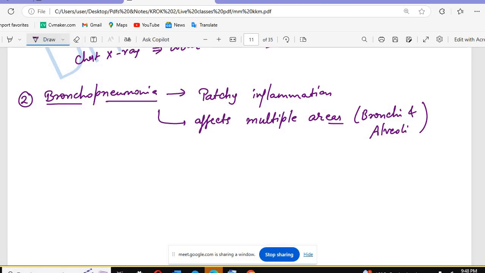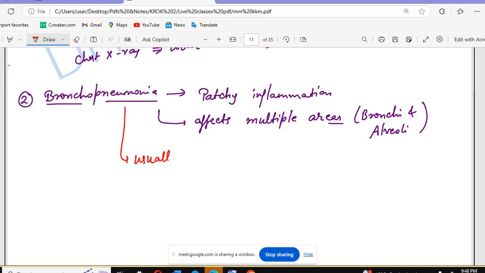This bronchopneumonia, remember, is usually multifocal and scattered. As the name suggests, in bronchopneumonia we have the effect on the bronchus. It has multiple areas, so it will affect either the bronchi or the alveoli as well.